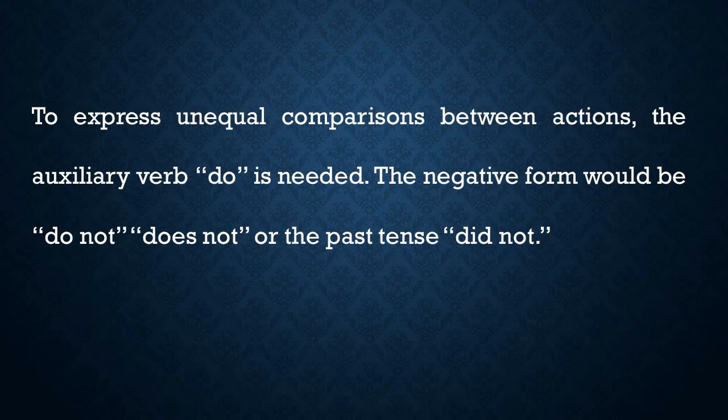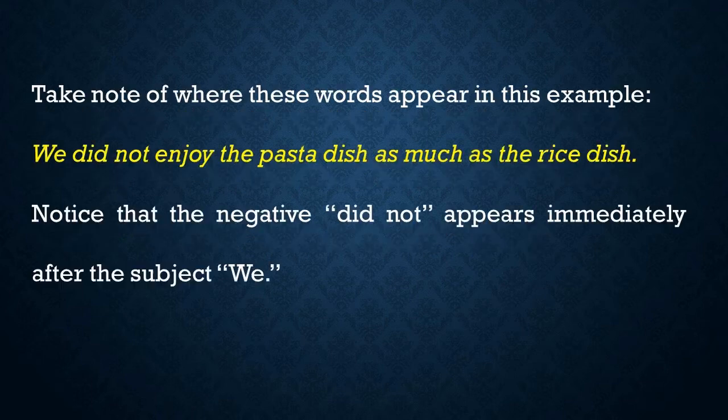The negative form would be do not, does not, or the past tense did not. Take note of where these words appear in this example. We did not enjoy the pasta dish as much as the rice dish. Notice that the negative did not appears immediately after the subject we.